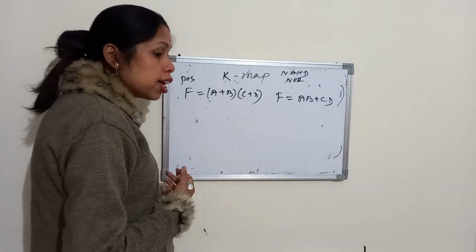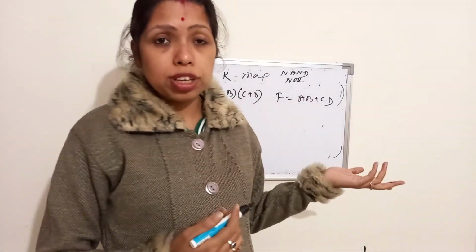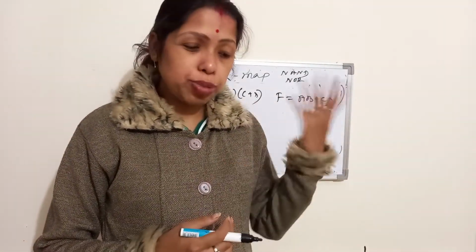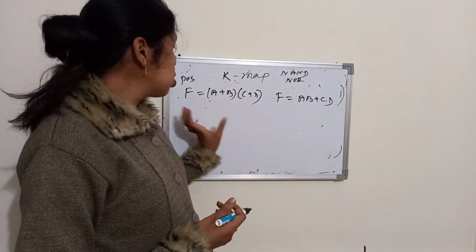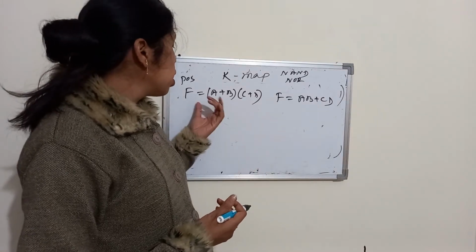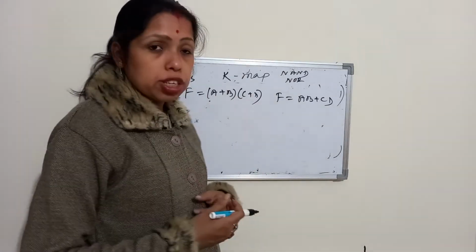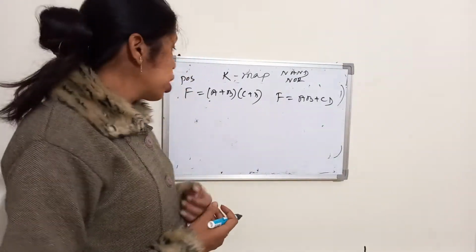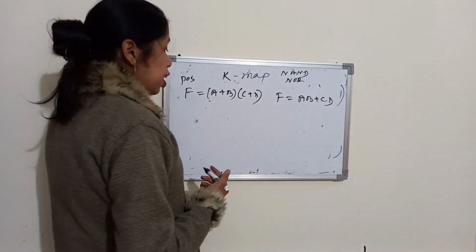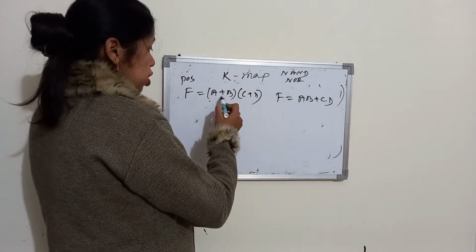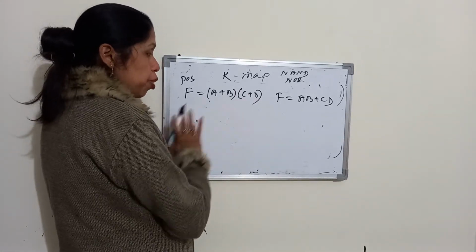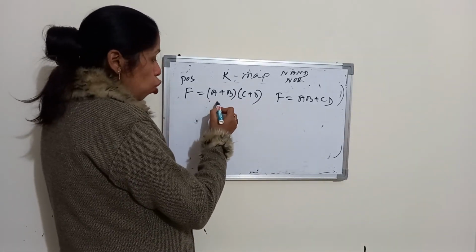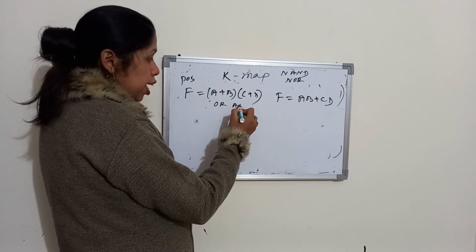How you can design the basic gates using the universal gates, I have discussed in the previous lectures. So sometimes questions will be like that: design this minimized expression using universal gates. If a POS expression is there, normally in a POS expression, with basic gates, first you have to do the OR and then the AND.